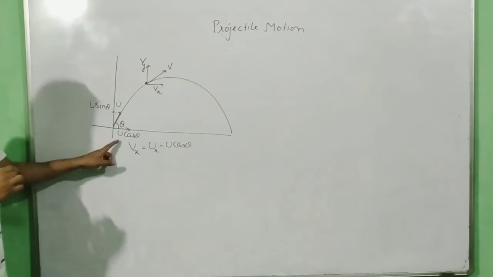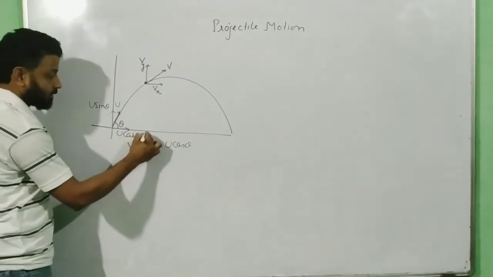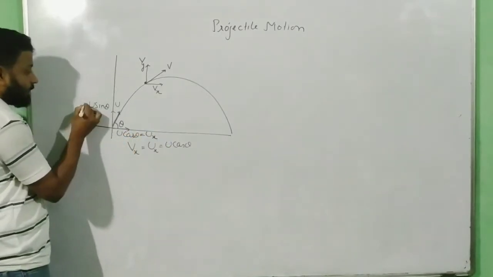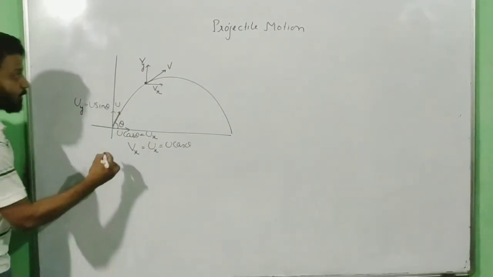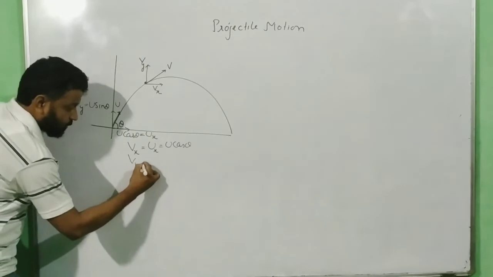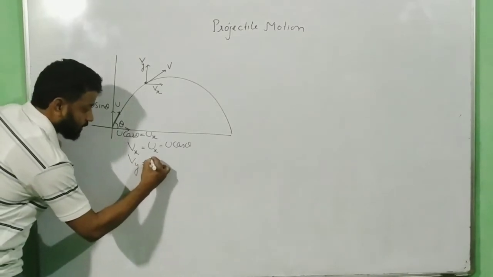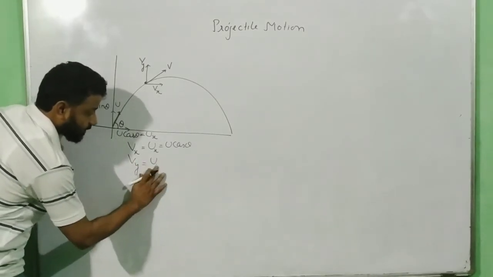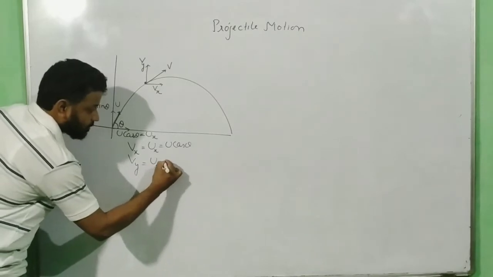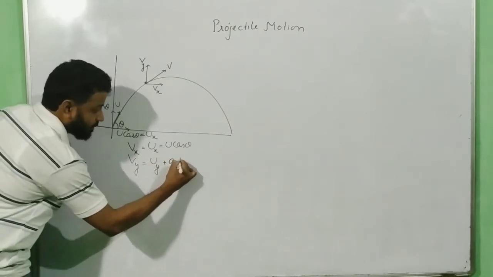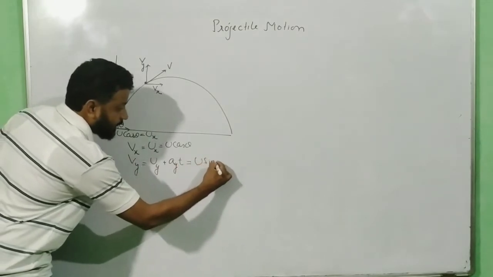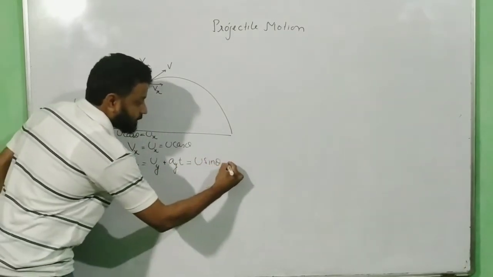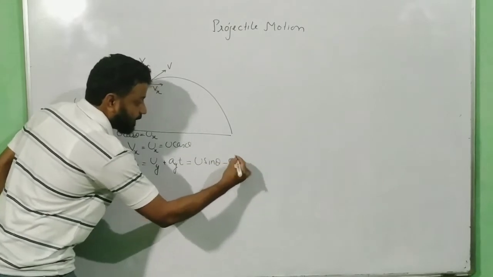That's the initial velocity along the x direction, and this is the initial velocity along the y direction. What about your vy? Your vy will be equal to uy plus ay multiplied by t, and we know that uy is u sin theta and ay is minus g, multiplied by t.